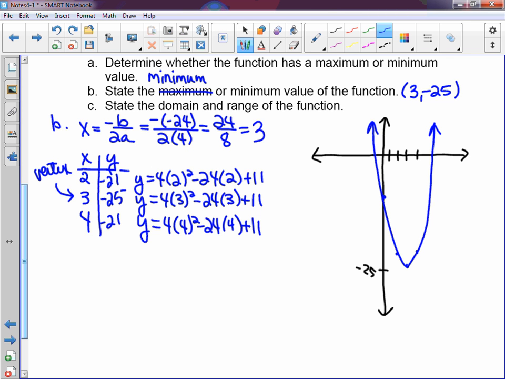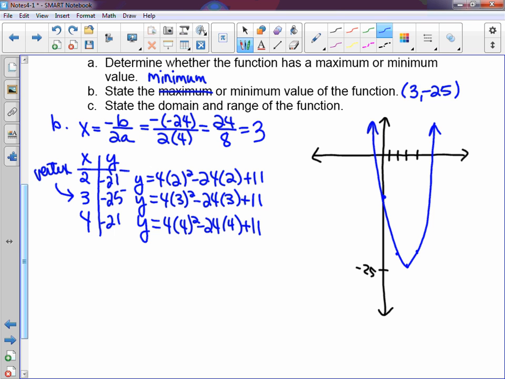That is the minimum value for this function, because it opens up. That is the lowest point, the minimum value on this graph. Minimum, the lowest, smallest.